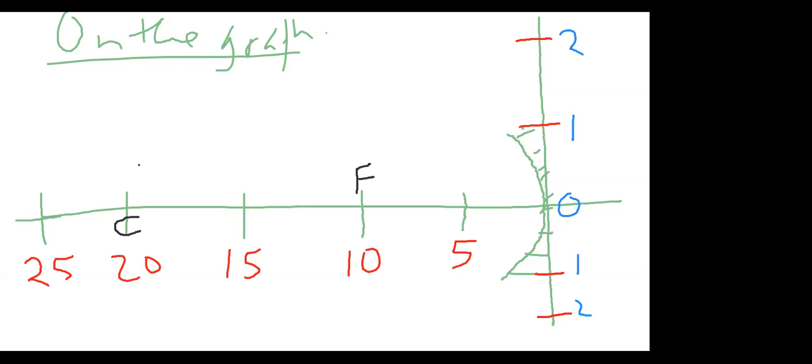So once you have done that, then you can go ahead and draw our object. Our object was at 20 and it was 2 centimeters high. Make sure that this line here is at 2 centimeters. Don't draw it as yet.